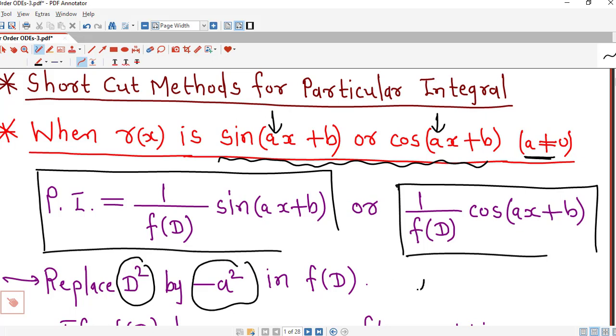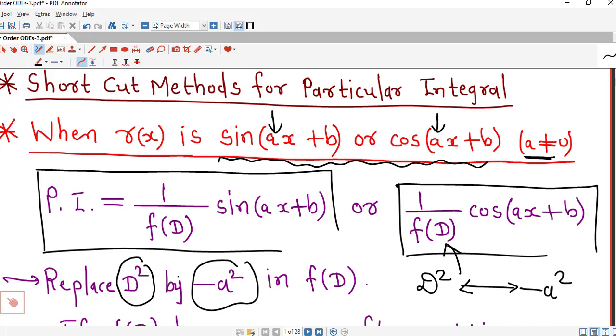Wherever there is D square in f of D, we will replace that D square by minus a square. If D square is not there, then we will try to arrange terms containing D square by some modifications in this 1 over f of D.